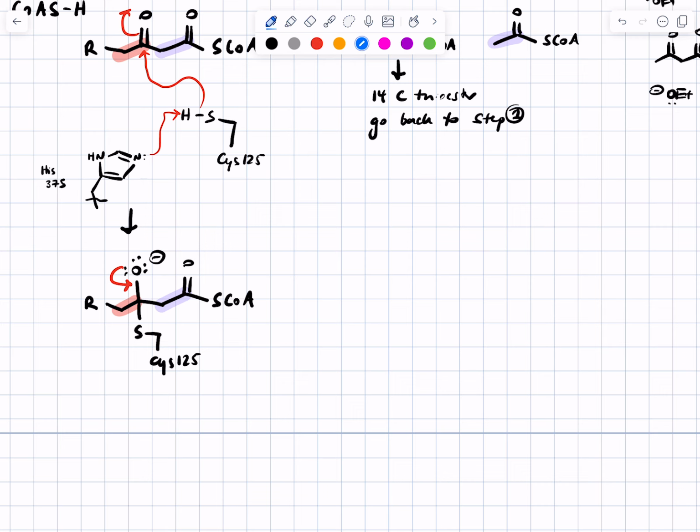The alpha carbon on that enolate leaving group, actually there's evidence that it picks up a proton from another nearby cysteine side chain as the leaving group is leaving. This is cysteine 403.